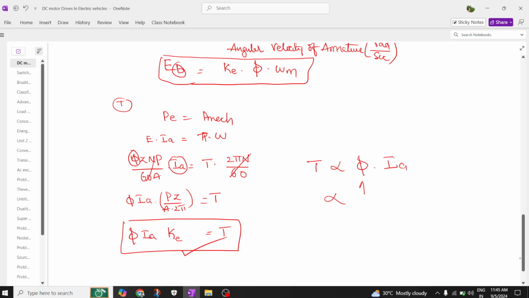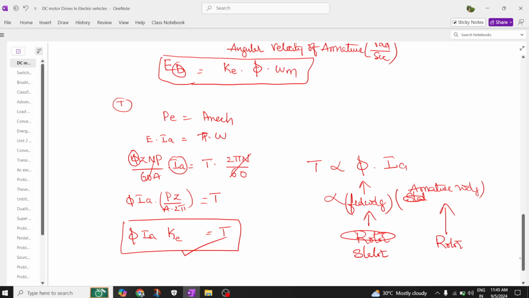Okay, so this flux is produced by which winding? The field winding, which is present in the stator. And the armature current is produced by which winding? The armature winding, which is present in the rotor. So torque is directly proportional to the field flux and the armature current.